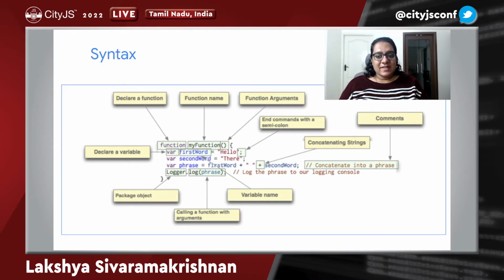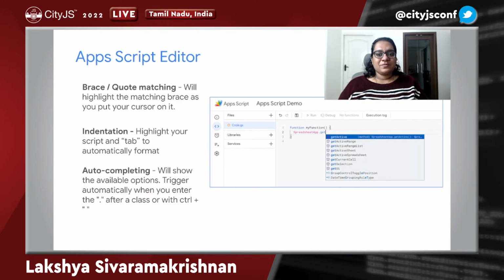So with this basics, I think we're good enough to look at a few examples that we can use to build various automation tasks using AppScript. What I also want you to get familiar with is the AppScript editor. If you see the screen, there are multiple features that come with the AppScript editor.